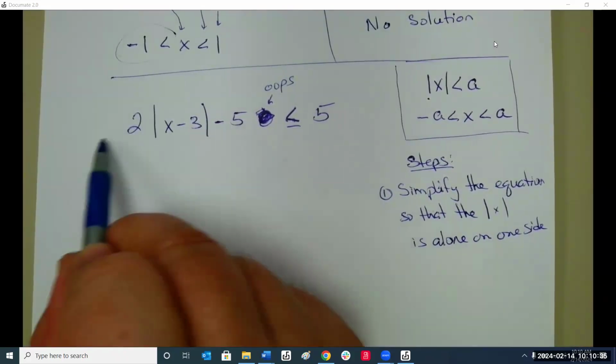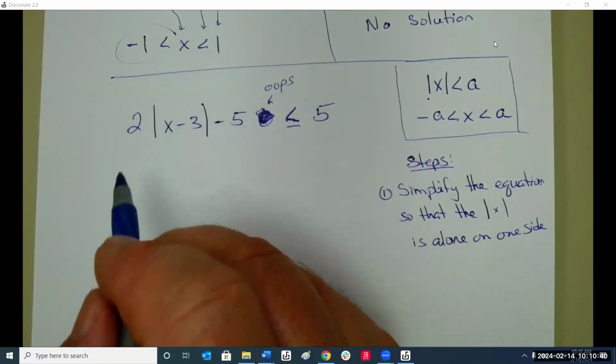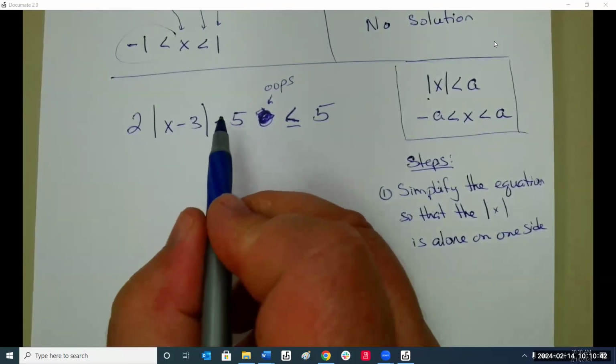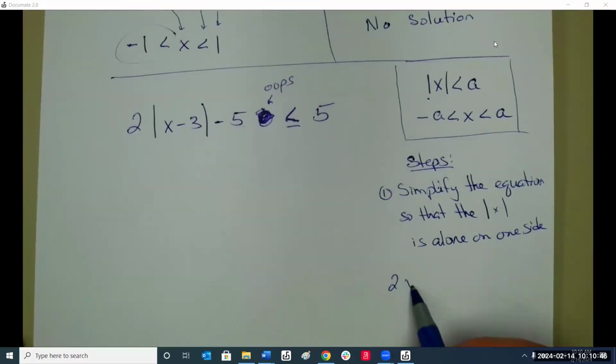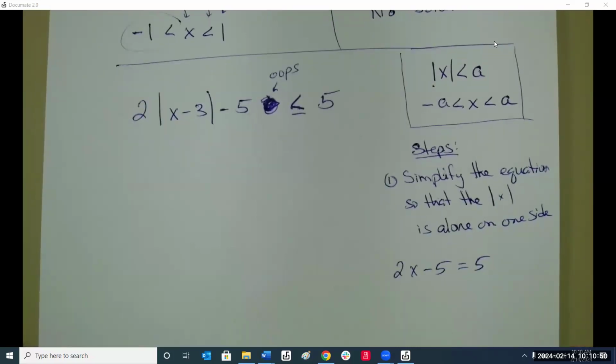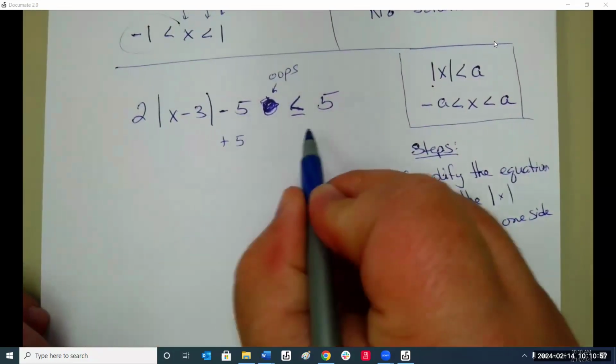So we have to look at this left side. What do we have to get rid of first? Get rid of the 5. It's the same as if we had this. What would you do first? You'd add 5 first. So we do the same thing here. We add 5 to both sides.